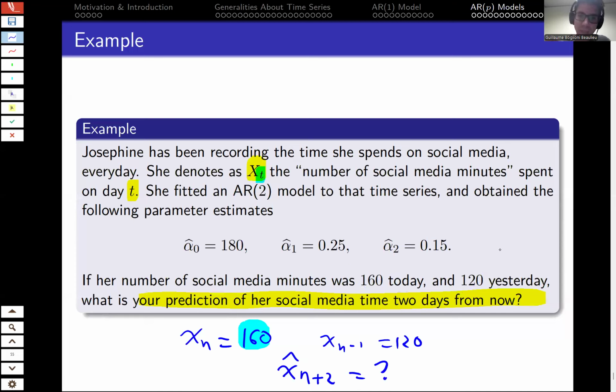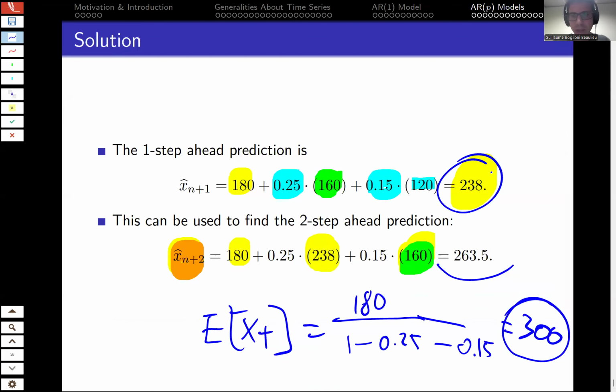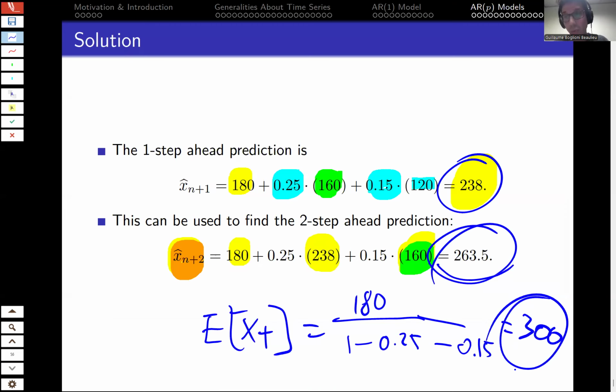So the 1 step ahead forecast is still smaller than her long-term or usual usage, 300. But you see, the 2 step ahead is closer to the mean, and if you keep going like that, you're going to get back eventually to your mean as a long-term forecast.